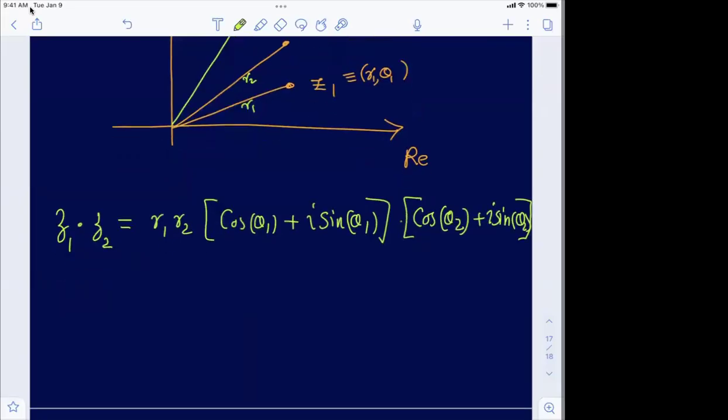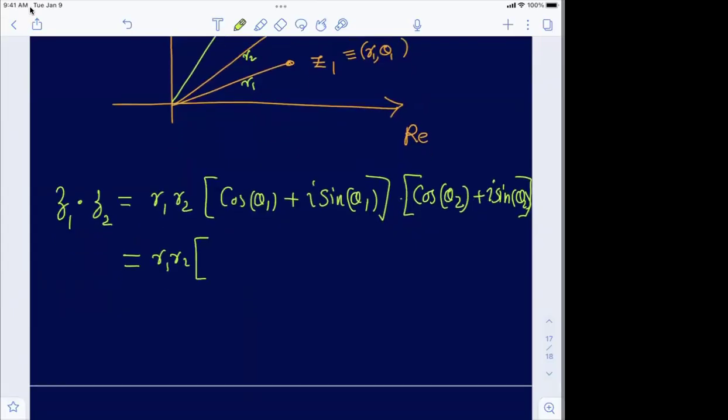Now, when this multiplication goes along, we know exactly how it's computed. So cosine theta 1 cosine theta 2, and then minus sine theta 1 sine theta 2, that is the product of the purely imaginary components, and then plus i times the cross terms.